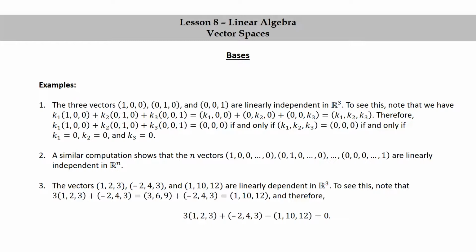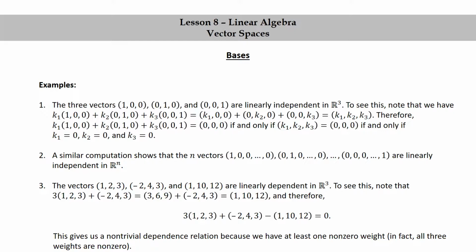And therefore, 3 times (1, 2, 3) plus (-2, 4, 3) minus (1, 10, 12) is equal to the zero vector. This gives us a non-trivial dependence relation because we have at least one non-zero weight. In fact, all three weights are non-zero. The weights are 3, 1, and -1.